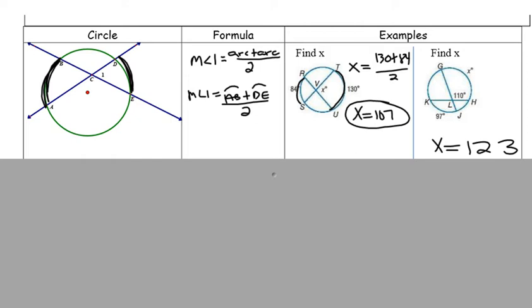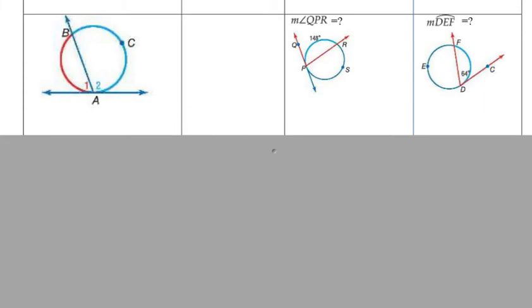Okay, if you did not get 123, raise your hand and please let me know why. Okay, the next example is really actually just an inscribed angle. So if we have a secant and a tangent, then the secant and the tangent will form inscribed angles, just like we did before.